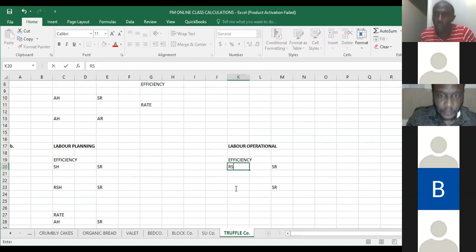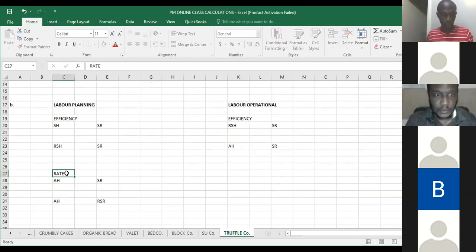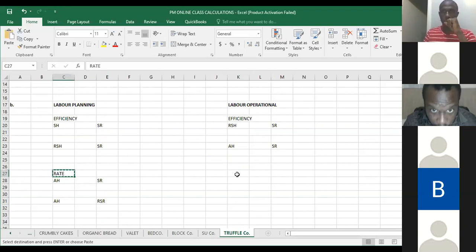All right. And then finally our rate. And then we'll try as much as possible to maintain the same thing. So for rate, our actual hour is constant, so we don't have a problem with that.